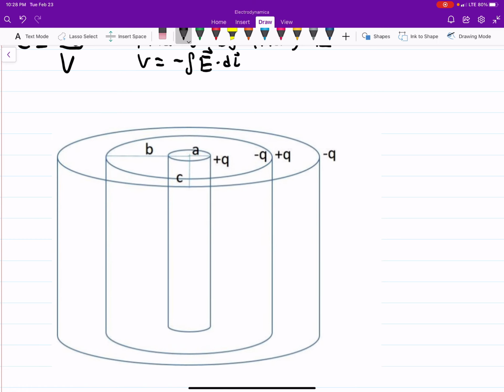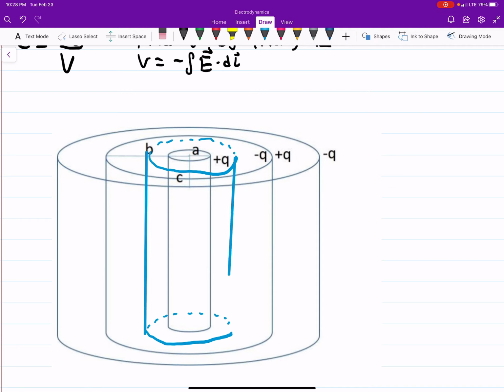Okay, so I'm going to draw a little Gaussian surface between A and B, which is the first region they want us to find the potential. Obviously, this is not my best work, but it's fine. As long as we get our surface here, we'll call it a surface of radius r.